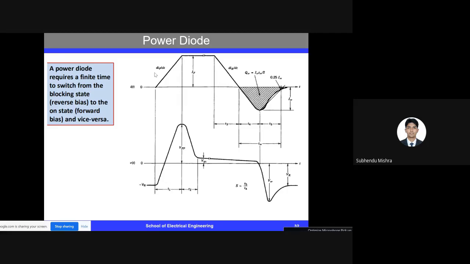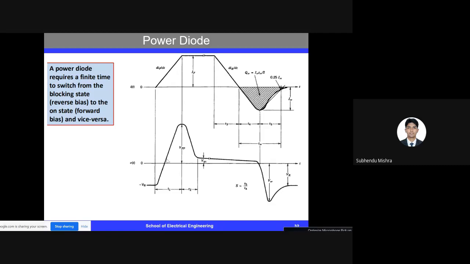When you are turning it on, for the T1 period, it is switched off, so it is at minus VR. Now you turn it on. It does not instantaneously go to the on state. Gradually the current starts increasing. That is given by diF/dt, and slowly it increases and goes to a particular maximum value of the current.